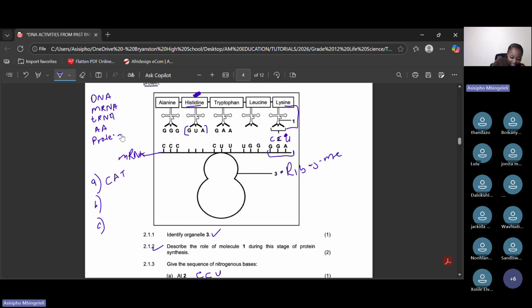Now let's look at what we are given and what they want from us. I'm going to change my color. So what we are given here is an amino acid and a transfer RNA anticodon. What are they asking for? They are asking for DNA. So that means we first need to find the messenger RNA, which is here. That's what we need to find first before we get to our DNA. I said we're going to work a little bit.